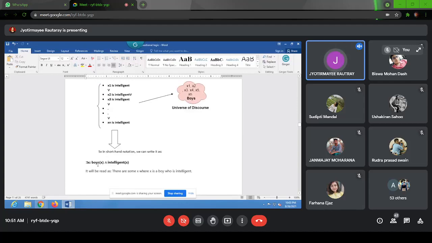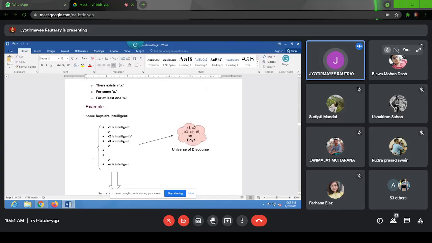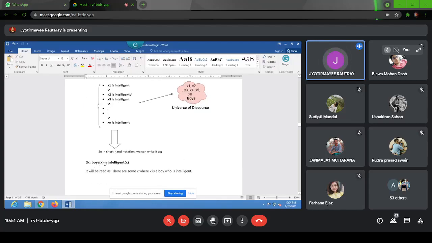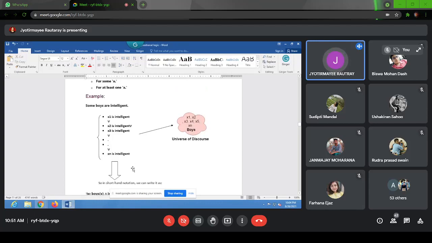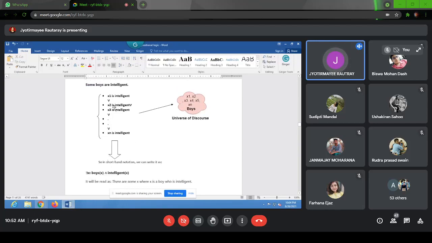Some boys are intelligent, so boy is a predicate, boy within brackets x. Then we have to use the logical AND operator. In the universal case we gave the implication symbol, but here we use the logical AND operator. Then intelligent is our predicate, intelligent within brackets x.